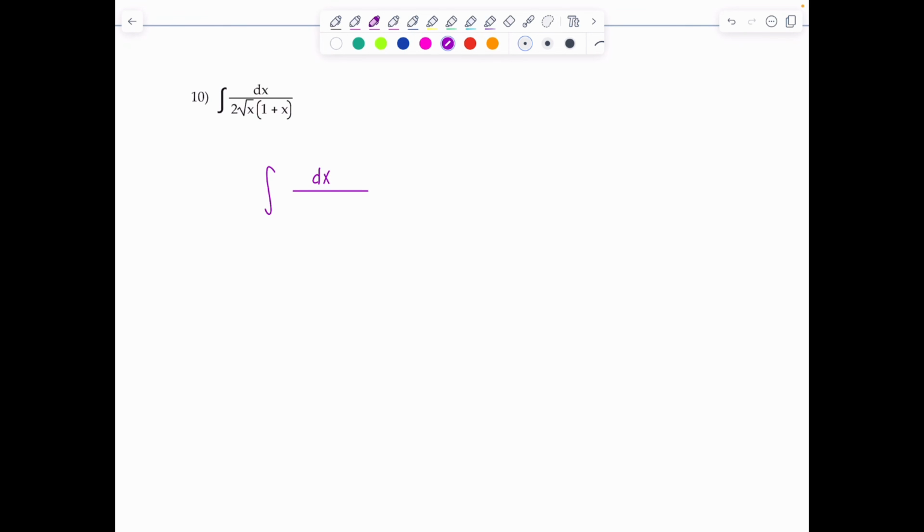Dx over 2 rad x, 1 plus, think of x as rad x squared, okay? That's the key. And then you're just going to do a u sub. You're going to let u equal rad x. Du would be 1 over 2 rad x dx, which we have right here. That's du. Rad x is u.